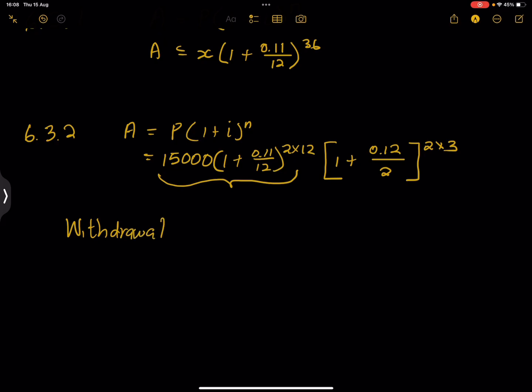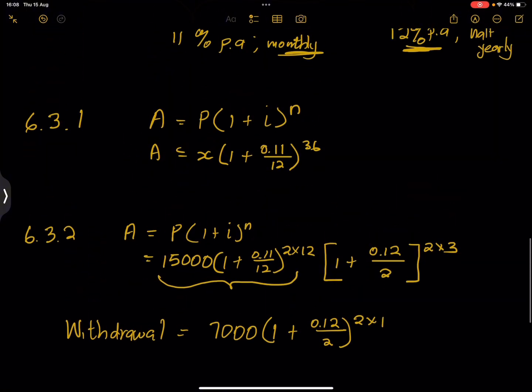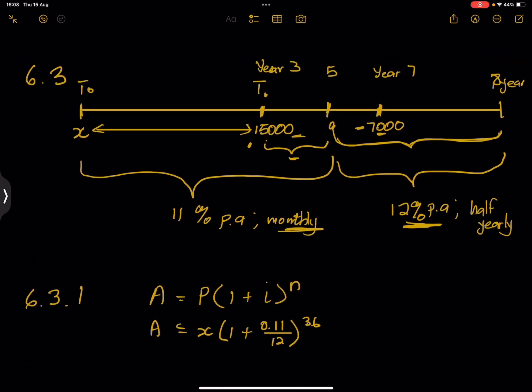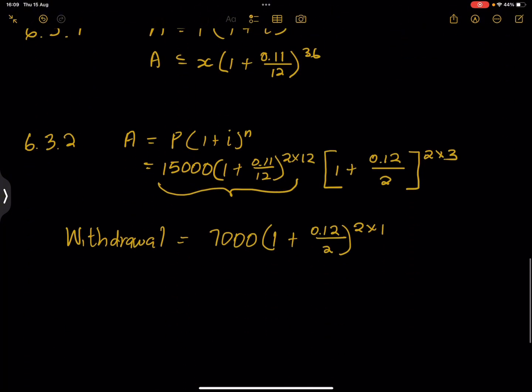The withdrawal would be 7,000 into 1 plus, again, 0.12 over 2. But in this case, even if it stayed for 1 year, that is two semi or half years. So this is between the 7th year as well as the 8th year. So this is the withdrawal.